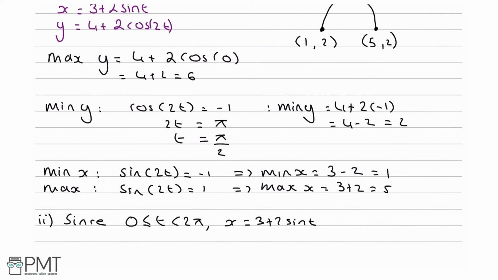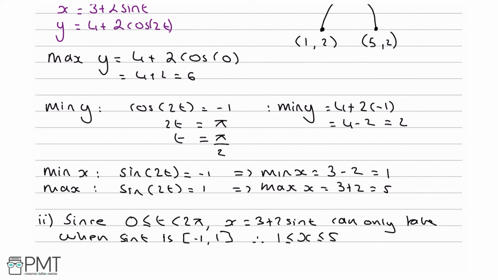So x equals 3 plus 2 sine t can only take values when sine t is between minus 1 and 1. When you use these brackets, it means in the range of. So you would say, therefore, x is in between 1 and 5.